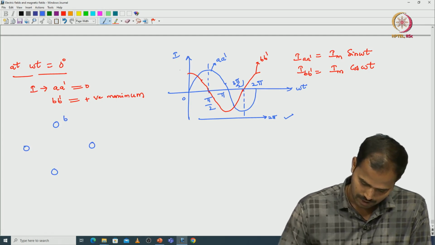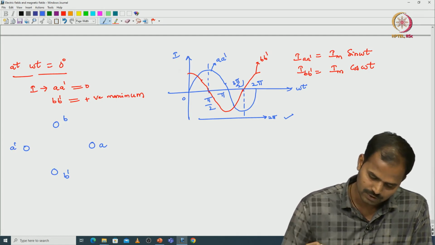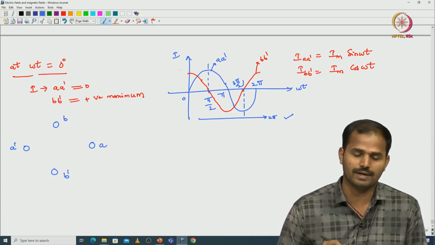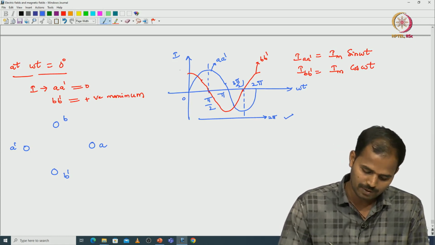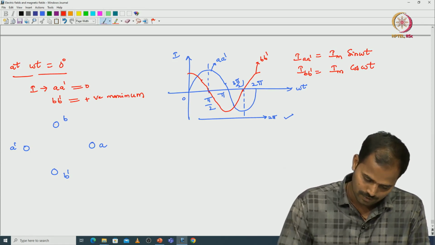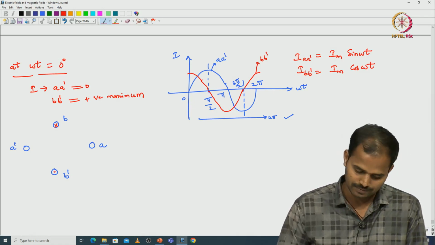There is no current in coil A dash, so no need to analyze any flux loop for it, and with respect to the B dash coil the current is positive. So at the B terminal we will see a cross and at B dash we will see a dot, as per our reference.